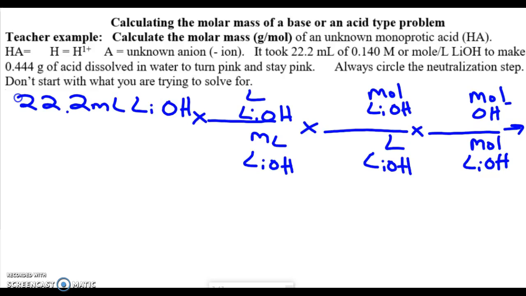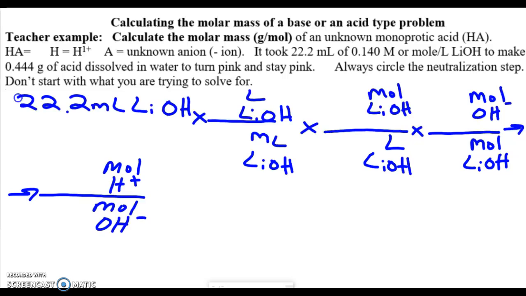We continue on over here. Whatever's on top goes on the bottom. So moles of hydroxide. Now we have to go from the base over to the acid. So this is going to go from moles of hydroxide island to moles of hydrogen island.